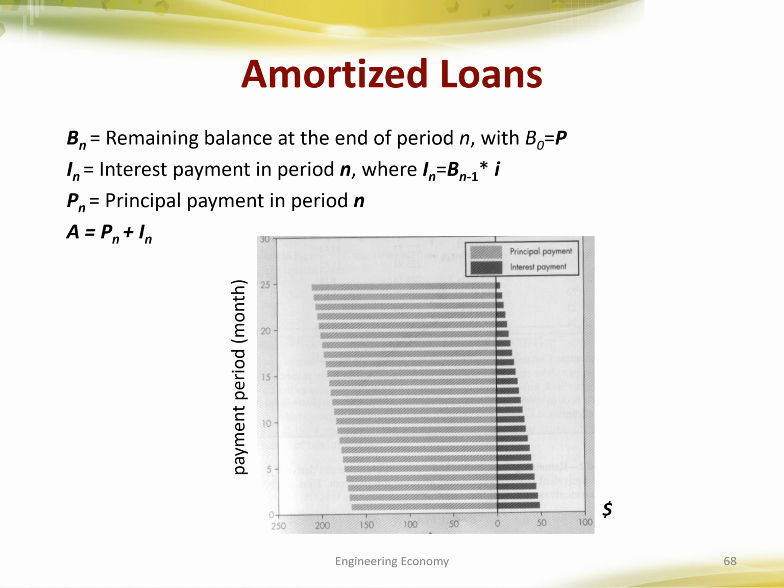You know that for amortized loan, after we paid an installment, along with that payment, some principal was returned. So the amount of the principal that we owed becomes smaller.